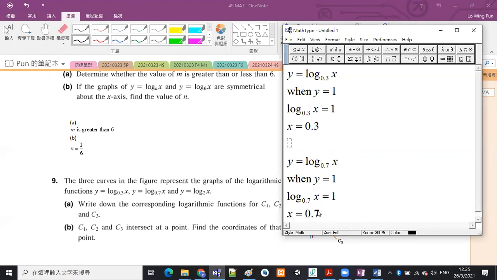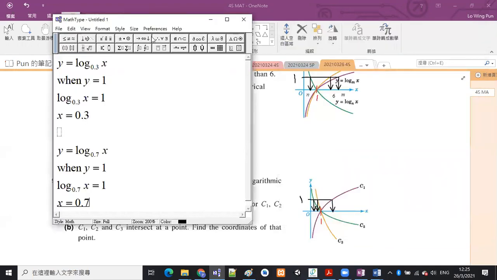Another x value is 0.7. With these two we can already place them in the corresponding positions. 0.3 and 0.7 are the two numbers less than 1. We have two positions of x less than 1, and they are from C2 and C3. One of them is 0.3 and the other is 0.7.